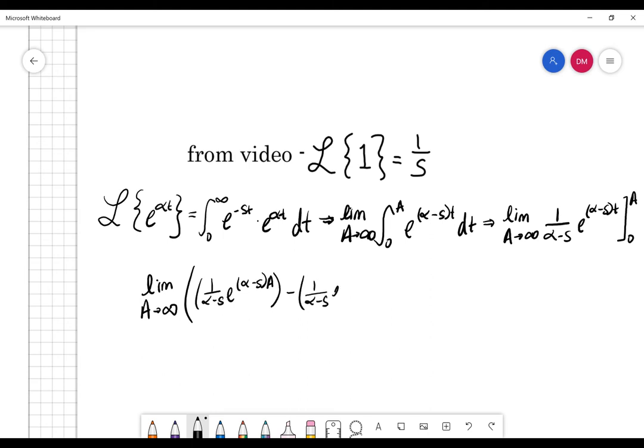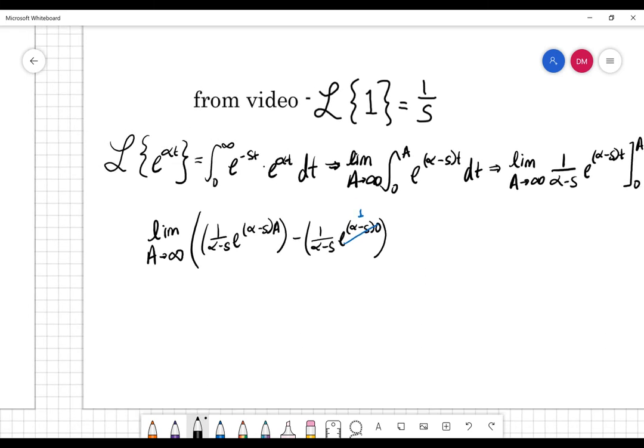We are going to get e to the alpha minus s times 0, which would be e to the 0, which is just 1. So essentially, we are left with just 1 over alpha minus s. Looking at the first part where we still have our exponent, we need this to be true where s is greater than alpha.